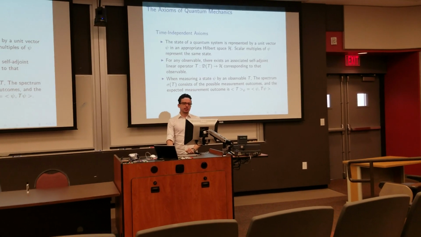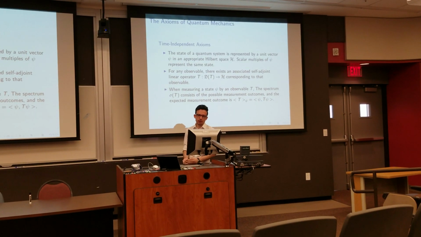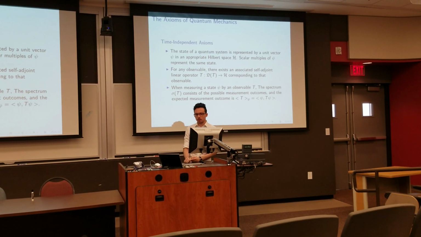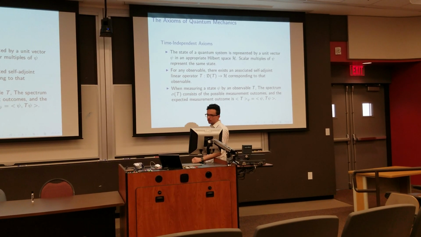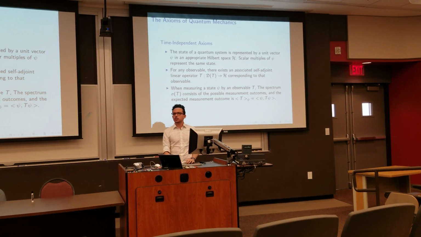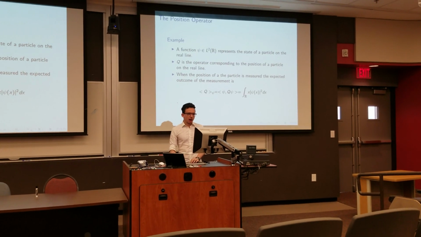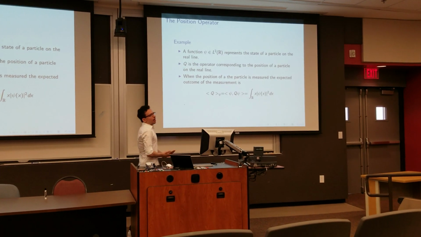And the expectation of the measurement, the expected outcome of whatever we measure of our state, is given by the inner product of phi with T phi. So, any questions about that? Okay.